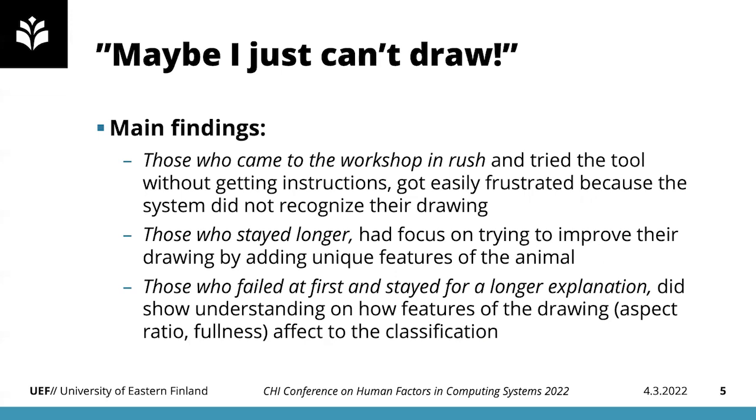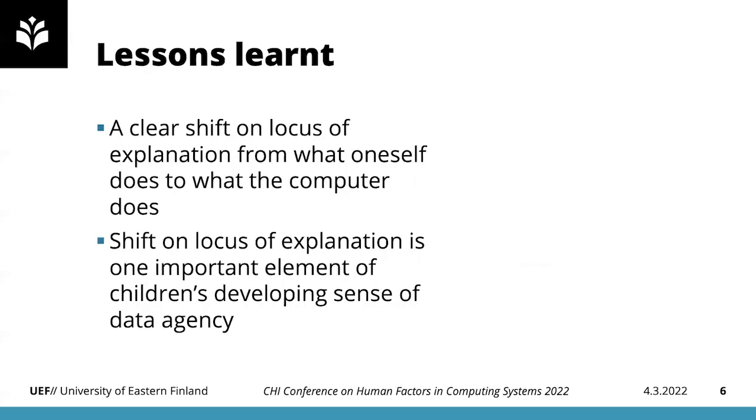For example, they were eager to add spots on a giraffe if it was just an outline. And what is remarkable is that those who failed at first and then stayed for a longer explanation did show a clear understanding of how the features of the drawing, that is aspect ratio and fullness, affect the classification.